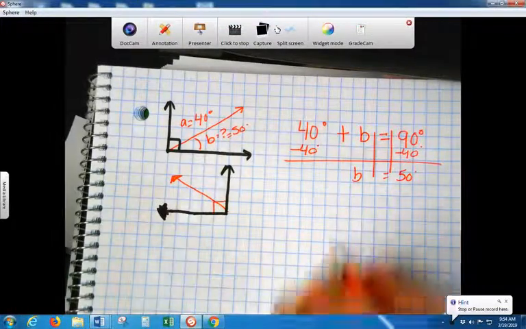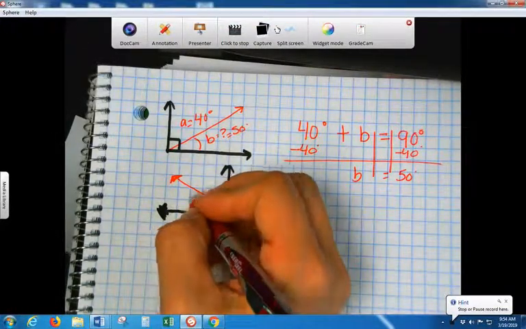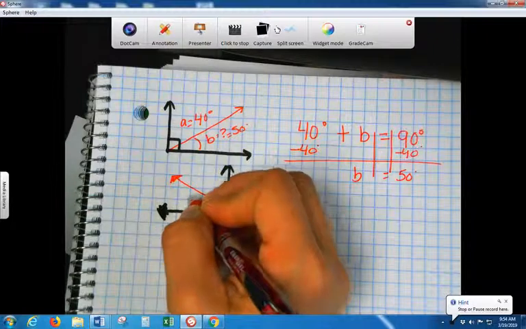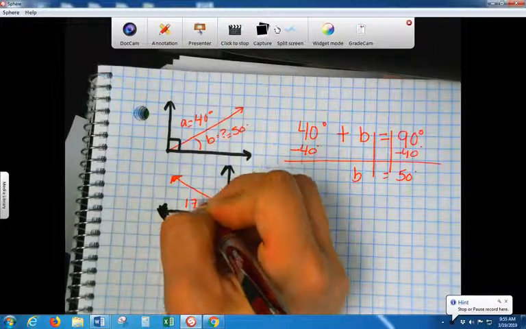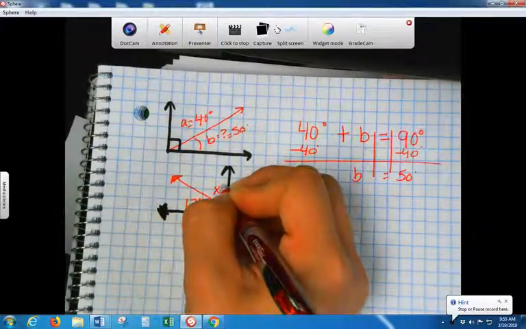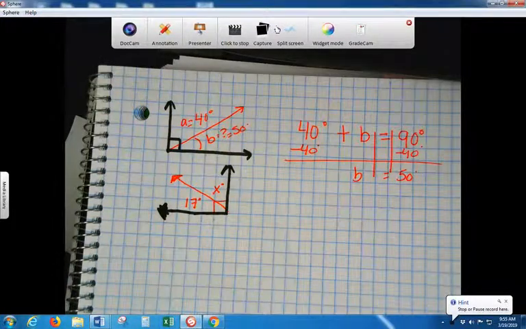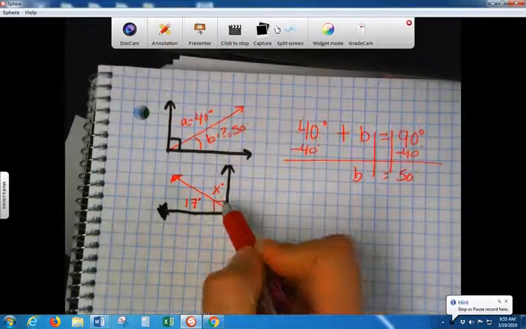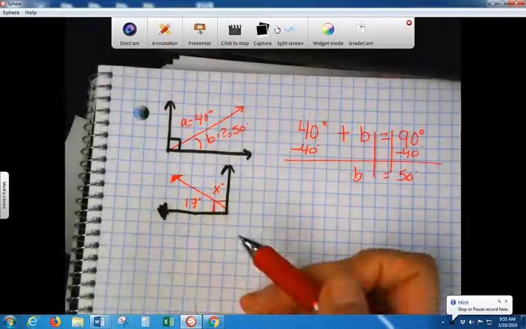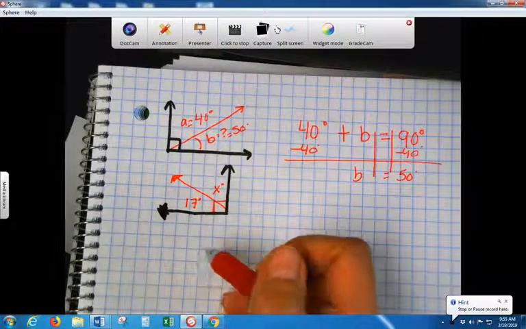Let's say this angle measures 17 degrees, and this measures X degrees. Is it complementary? Yes. Meaning, are these two angles together equal to 90 degrees? Yes. How do I know that? Because they form a 90-degree angle, right? So this is called complementary.